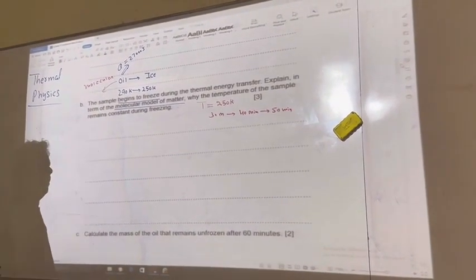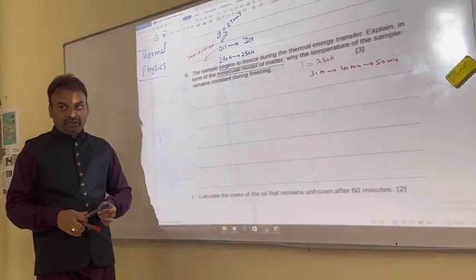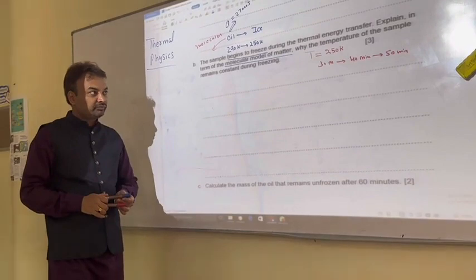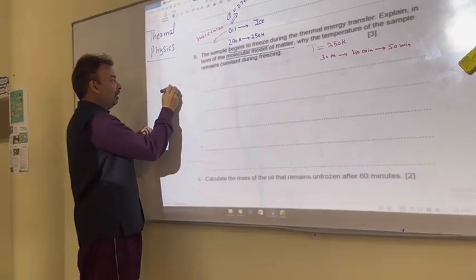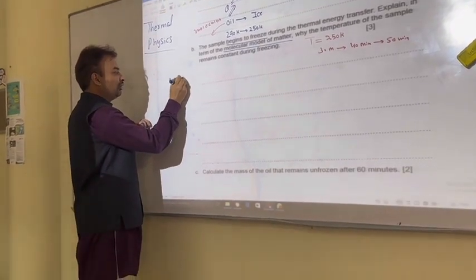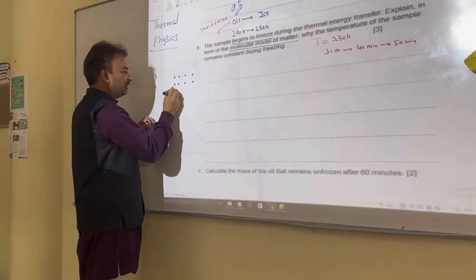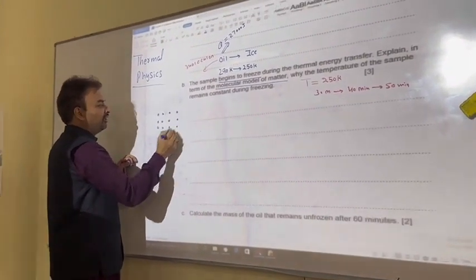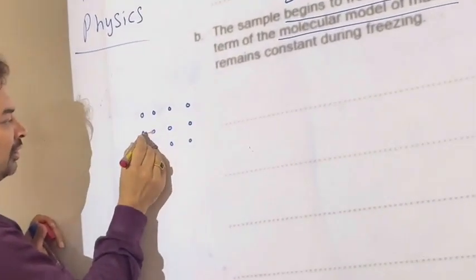Now this is a conceptual question in terms of the molecular theory of matter. We have to explain this. Actually, if we see the molecules of a liquid, if I imagine the molecules of the liquid, they are like this. They have a well-defined separation between them.